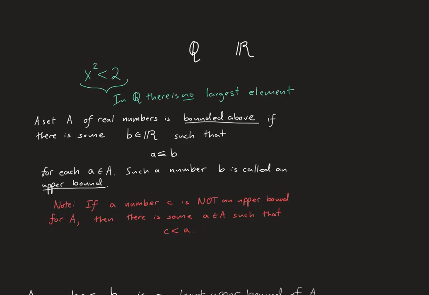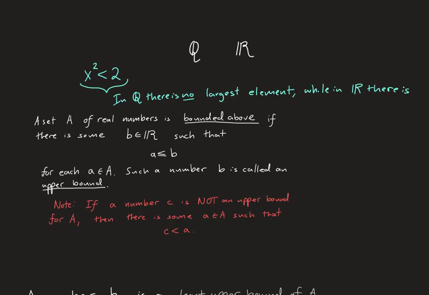So in Q, there is no largest element, while in R, there is.